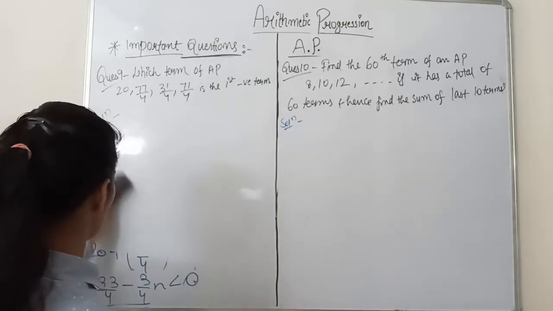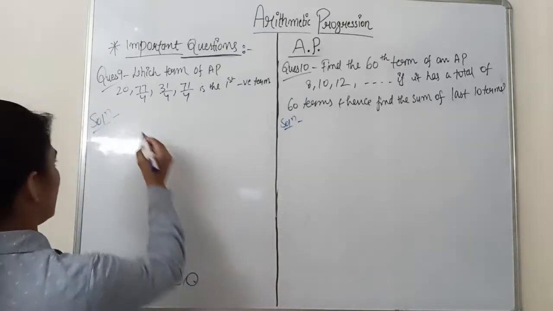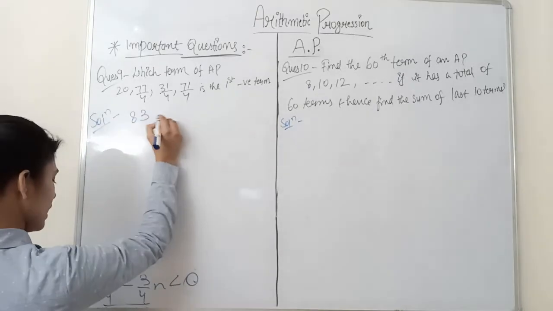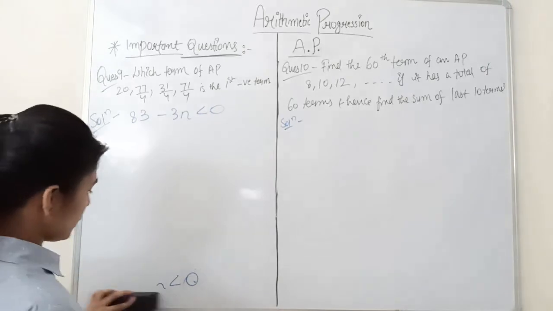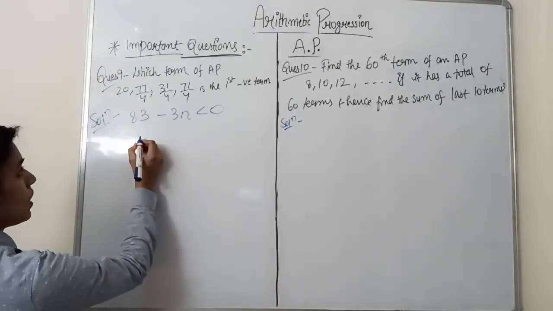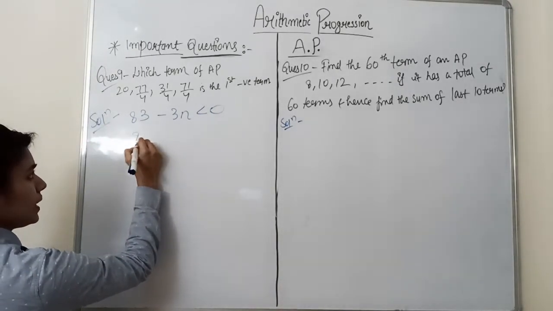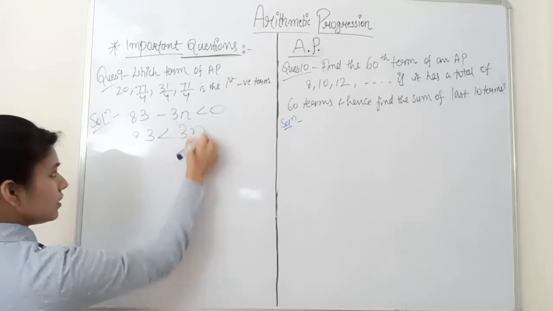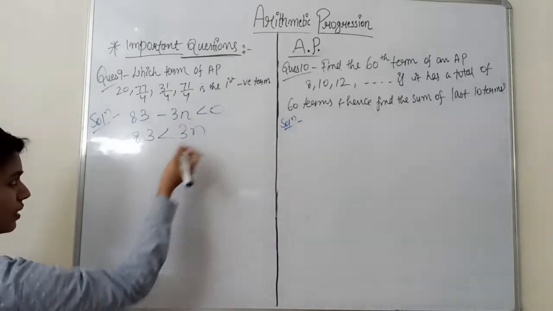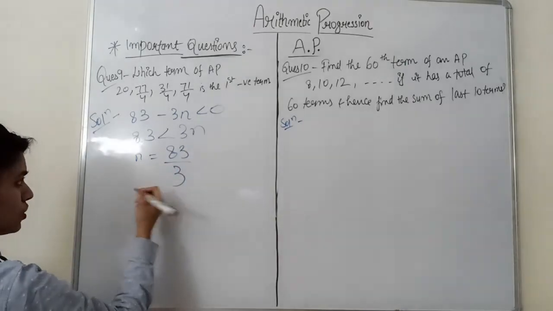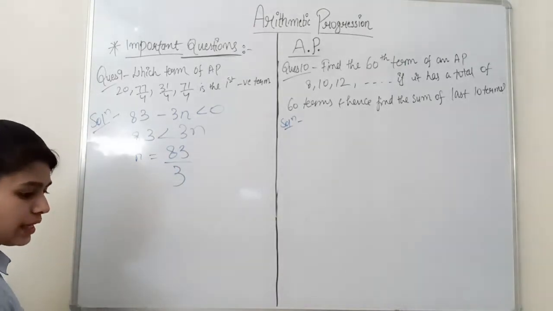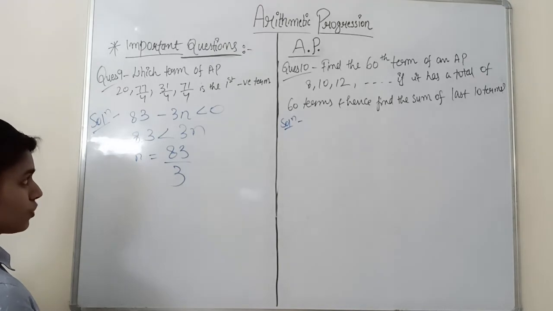Then we will solve it further. 83 minus 3n is less than 0 because 4 is multiplied with 0. 83 is less than 3n. We take the 3n to the other side and it becomes 83 by 3. So the value of n is 83 by 3.